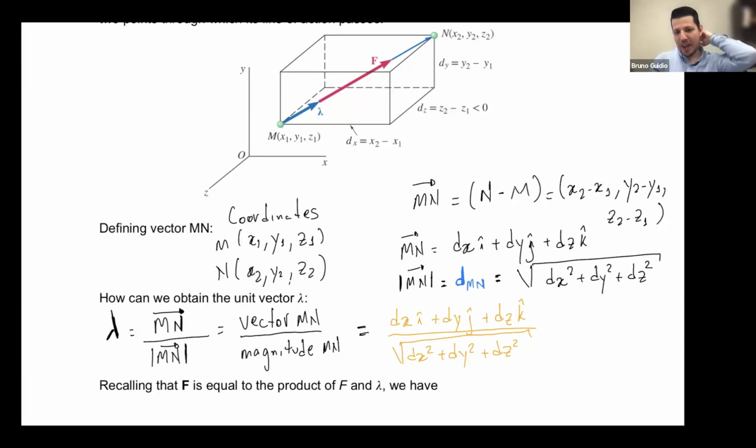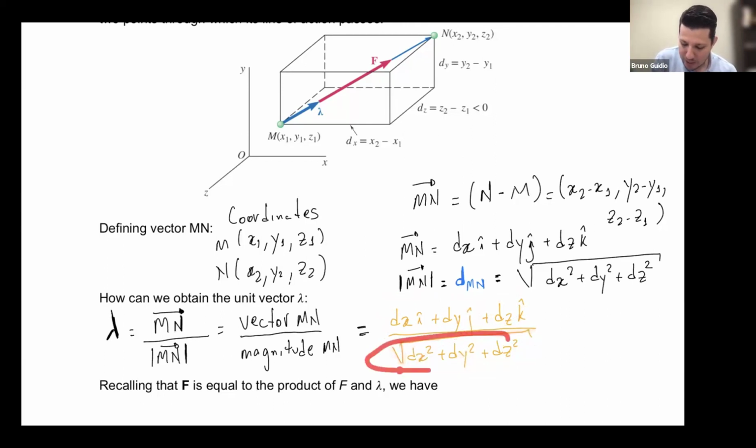Bruno, and is this going to be a vector? Yes. Why? Because, guys, remember, this is i hat, j hat, k hat. We cannot sum them together. They are different. They are components of a vector. However, those on the bottom, dx, dy, dz, I'm going to square them, sum them together, and take the square root.